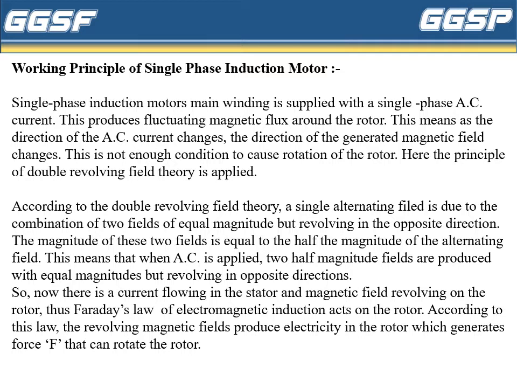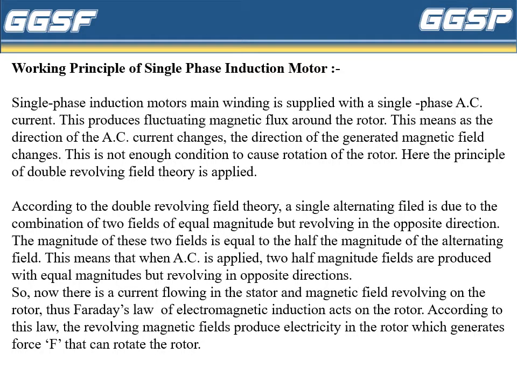Here the principle of double revolving field theory is applied. According to the double revolving field theory, a single alternating field is due to the combination of two fields of equal magnitude but revolving in the opposite direction. The magnitude of these two fields is equal to half of the magnitude of the alternating field.